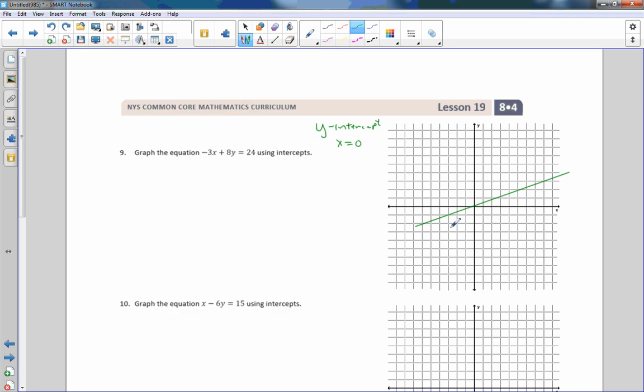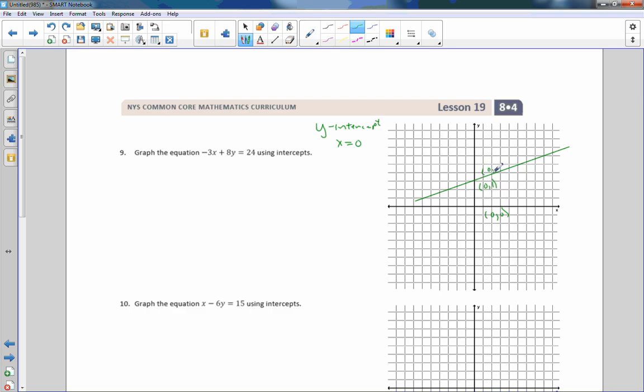So this point right here is the point (0, 0). Now if I move this line up to 1, now this is the point over 0, up 1. That's the point (0, 1) right here. Now if I move this line up to 3, my y-intercept is right here.